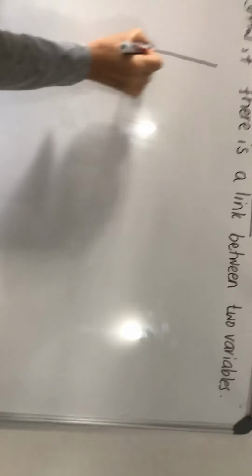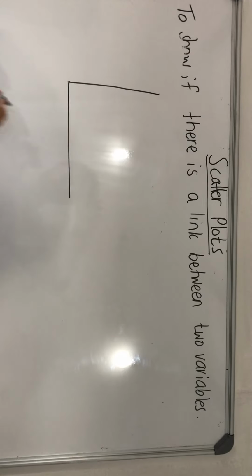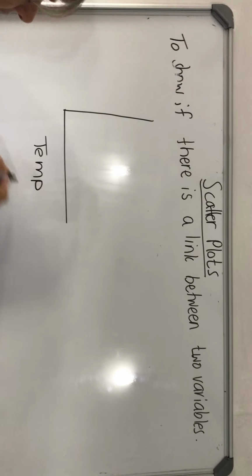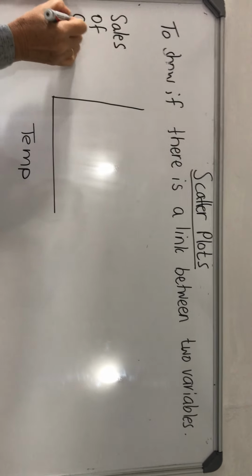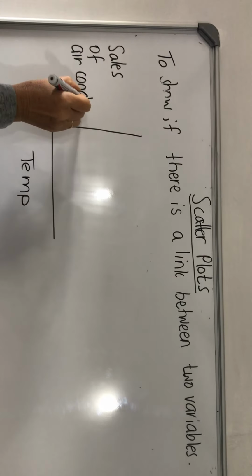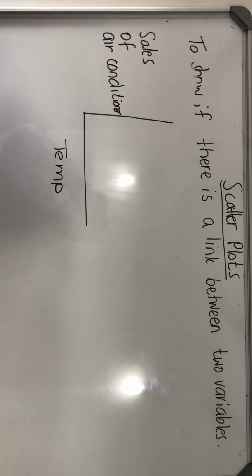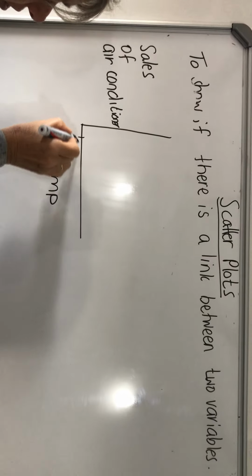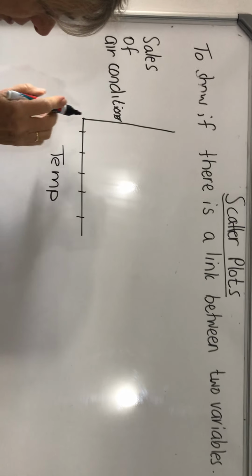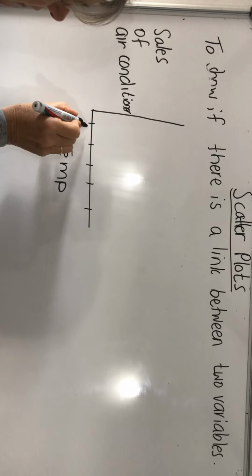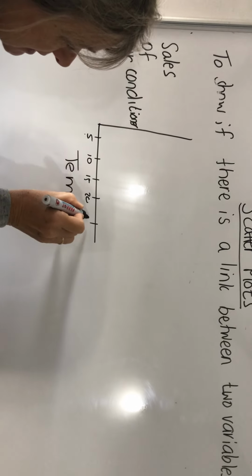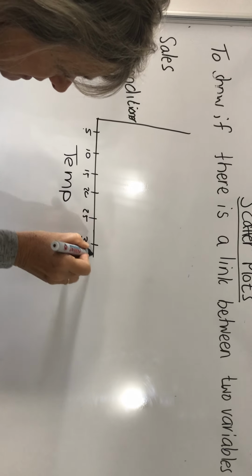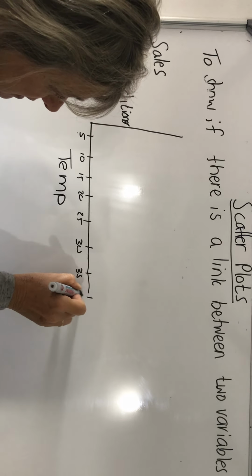So the first one we'll look at is seeing if there is a link between temperature and the sales of air conditioners. Now, this is such an obvious one. You could probably already think that as temperature increases, let's go, we'll start at 5, 10, 15, 20, 25, 30, 35, 40.